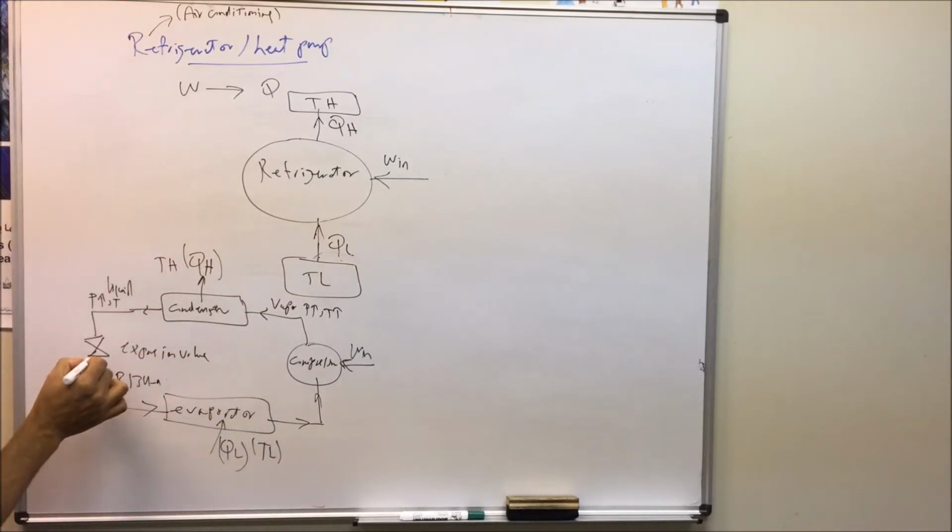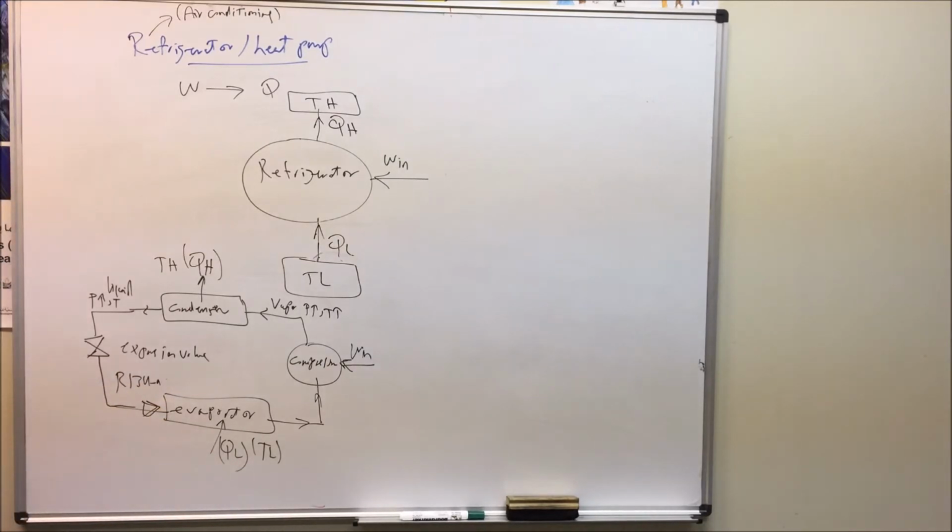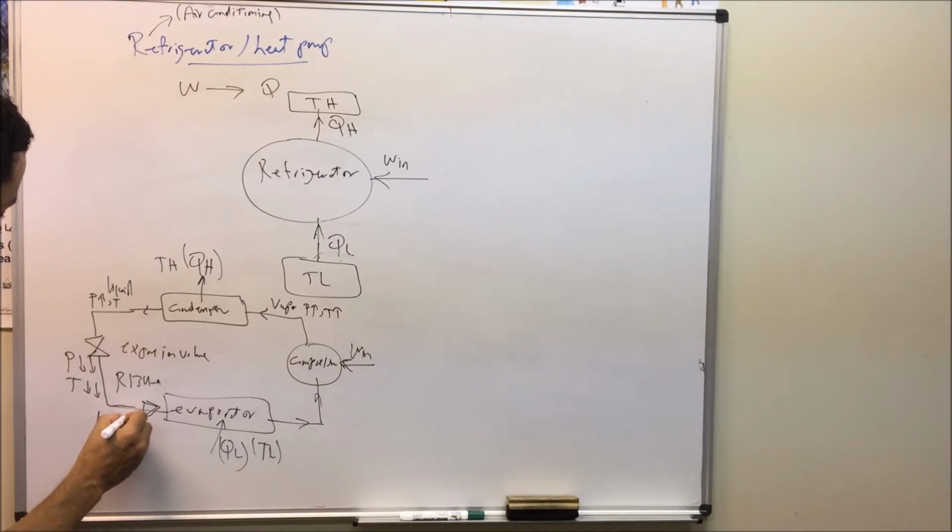There is a large drop in pressure because the flow area is restricted so much, giving high pressure losses, so the pressure drops a lot and the temperature also drops a lot. Now we have liquid Freon at low pressure and low temperature.